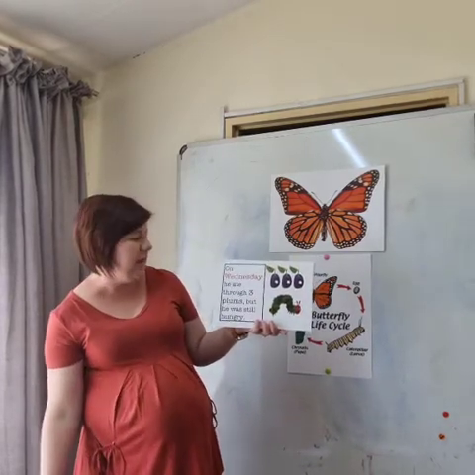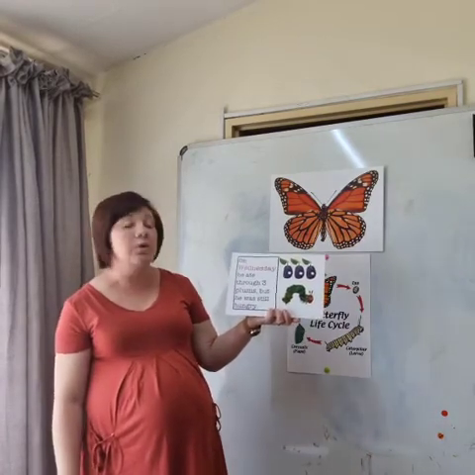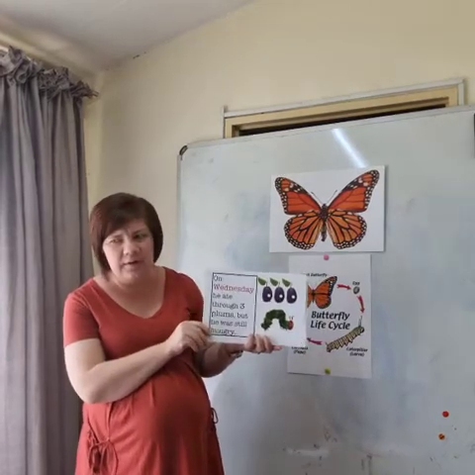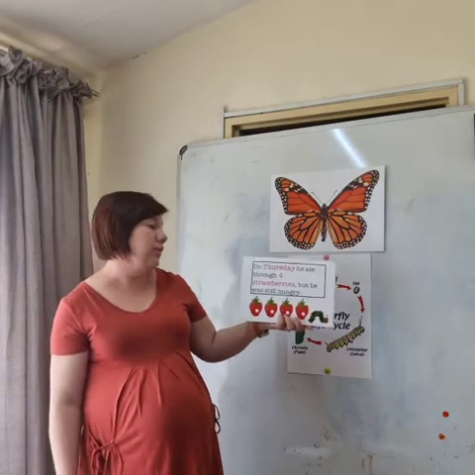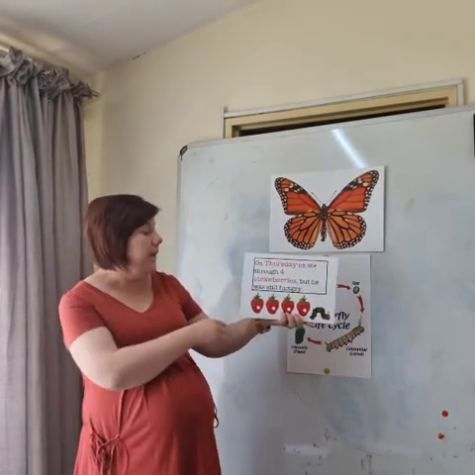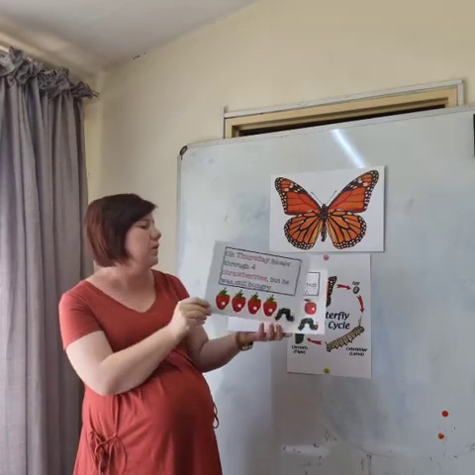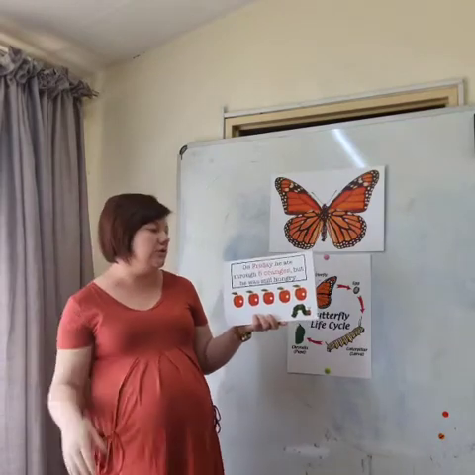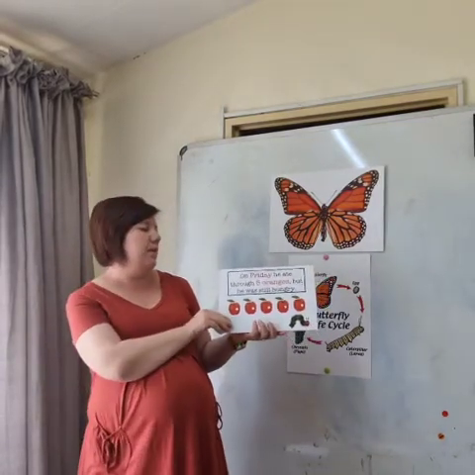On Wednesday, he ate through 3 plums, but he was still hungry. This caterpillar is very hungry. Yes. On Thursday, he ate through 4 strawberries, but he was still hungry. On Friday, he ate through 5 oranges, but he was still hungry.